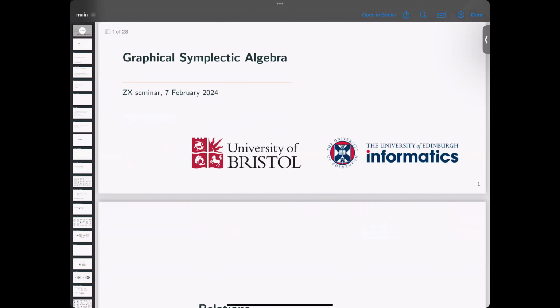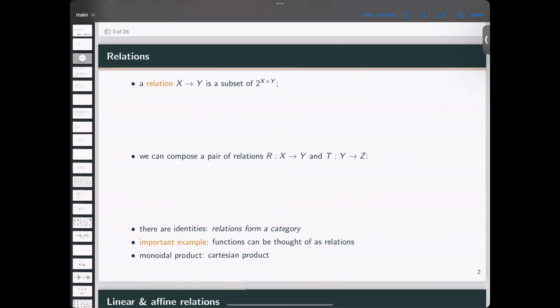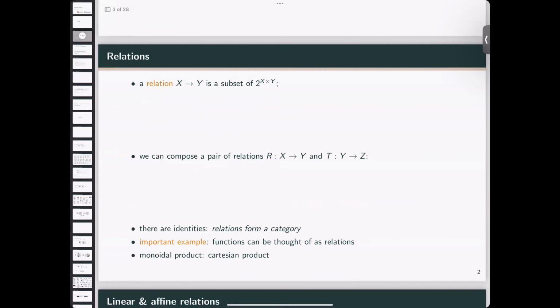Okay, so without wasting any more time, let's dive straight into the topic, starting with some very basic stuff, the definition of the category of relations. So I'm sure you all know at this point, but I'll go over it anyways.